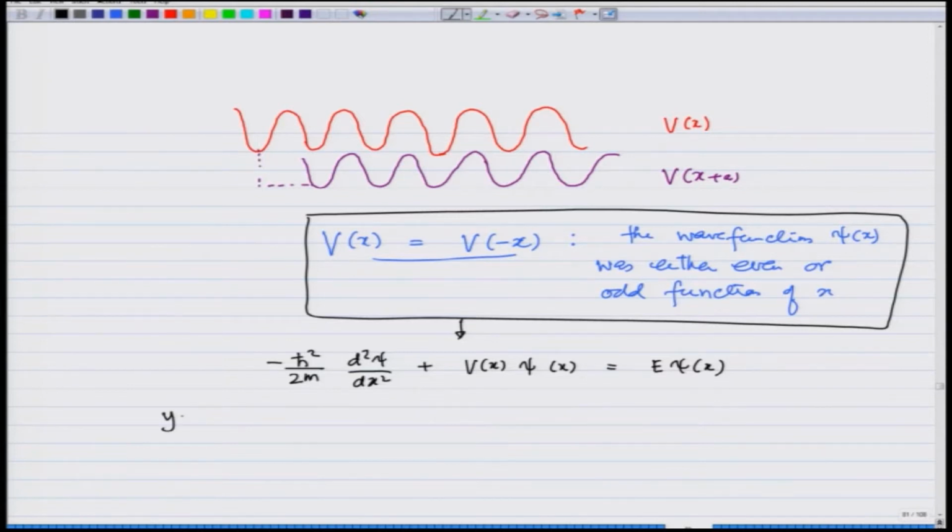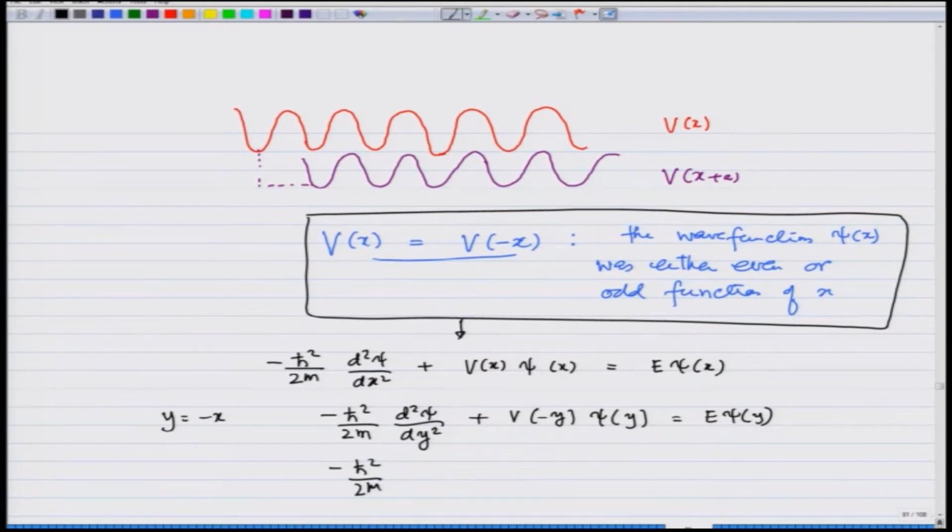So, we wrote y equals minus x, and therefore, the equation in terms of y became minus h cross square over 2m d2 psi over dy square plus V(minus y) psi(y) equals E psi(y), and therefore, V(minus y) is the same as V(y), so minus h cross square over 2m d2 psi over dy square plus V(y) psi(y) equals E psi(y).